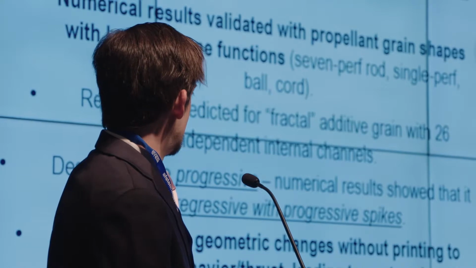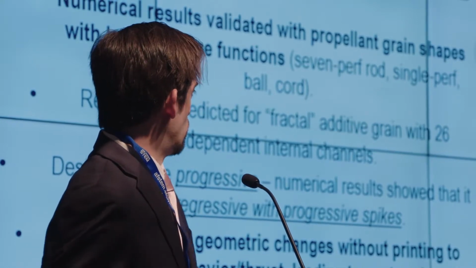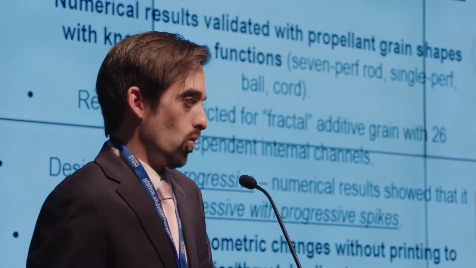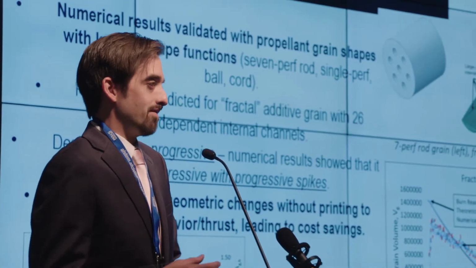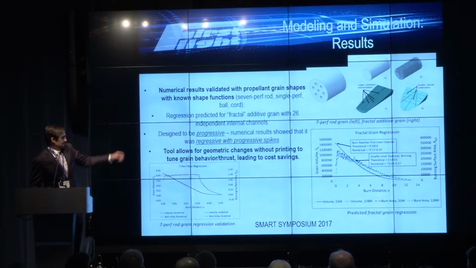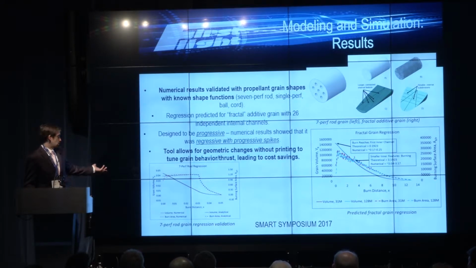We validated this with many simple known shape function grain shapes, such as cord, ball grain, simple spheres, single perf, and 7 perf rods, as you can see at the top right. I plotted at the bottom the good agreement between our code and the 7 perf rod, which is fairly complicated in that it's neutral at the beginning, and then you start getting slivering as all of those perfs start to intersect each other.